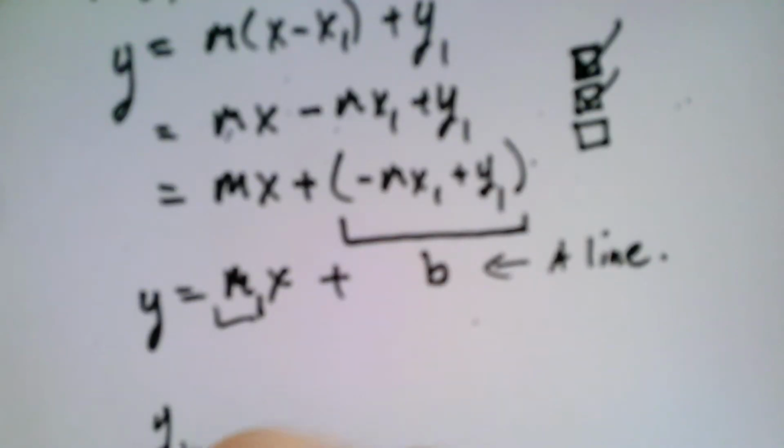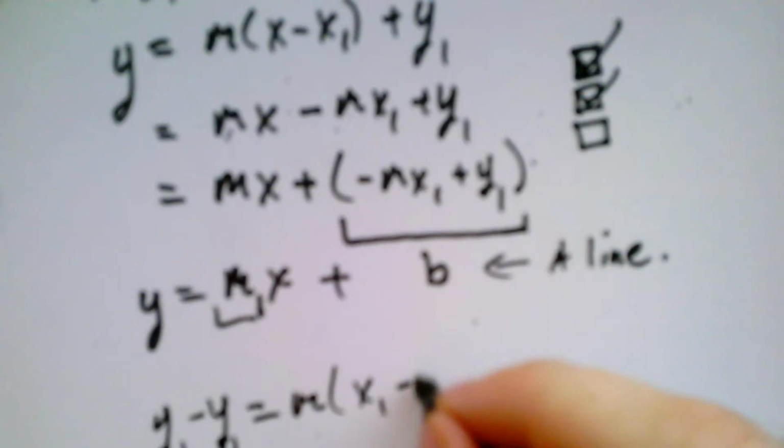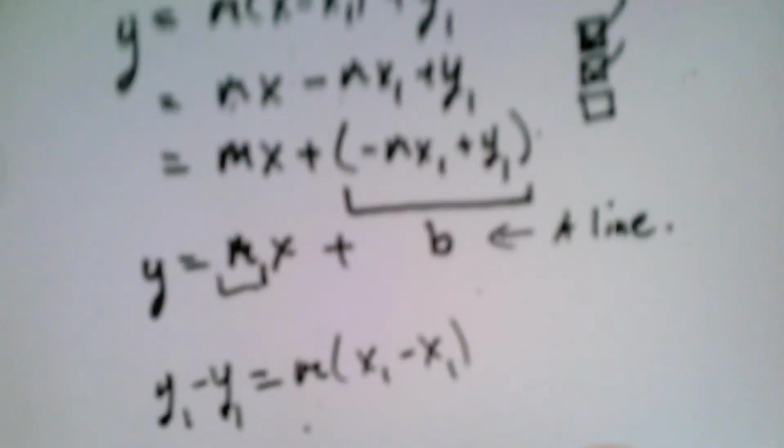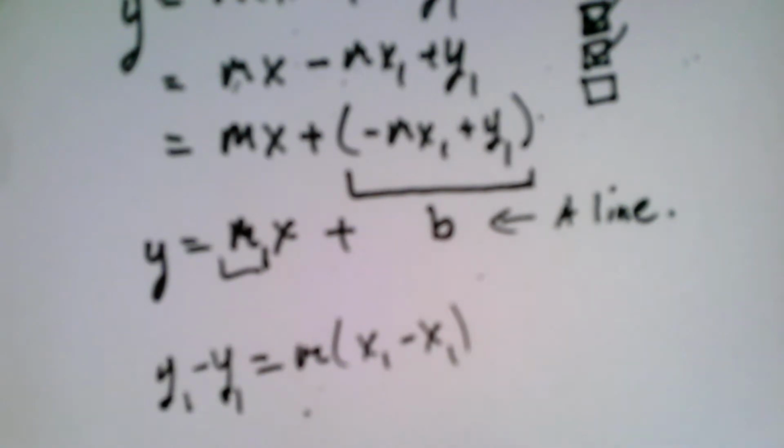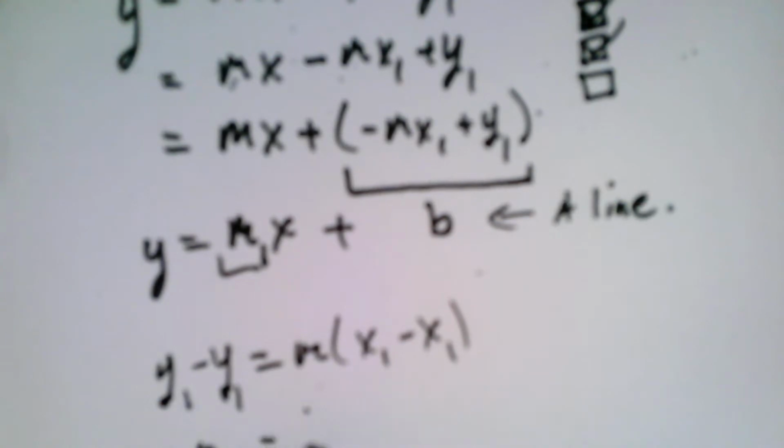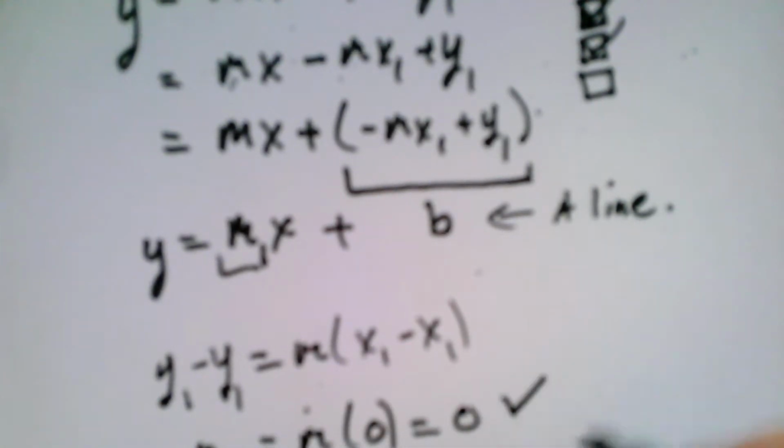So we get y1 minus y1 is equal to m times x1 minus x1. If this is a true statement, then the point lies on the curve that's represented by this equation. So, well, we get 0 is equal to m times 0, which is 0. So we check that off.